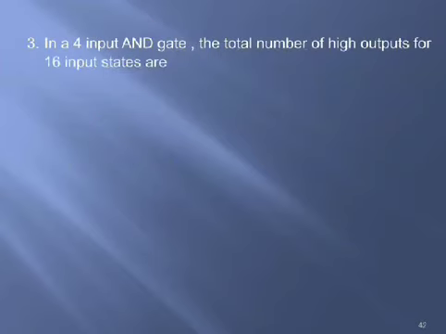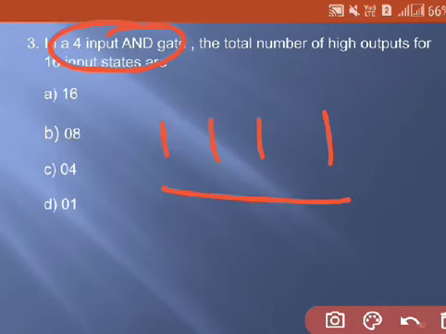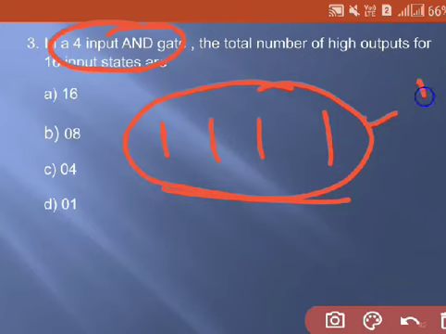Next, in a 4 input AND gate, what is the total number of high outputs for 16 input states? When will the output of an AND gate be high? Only when all the inputs are high. Since I am considering a 4 input AND gate, I need to consider all 4 inputs as logic 1, which has only one combination of input. So only for the input combination 1 1 1 1 will you get the output as high.